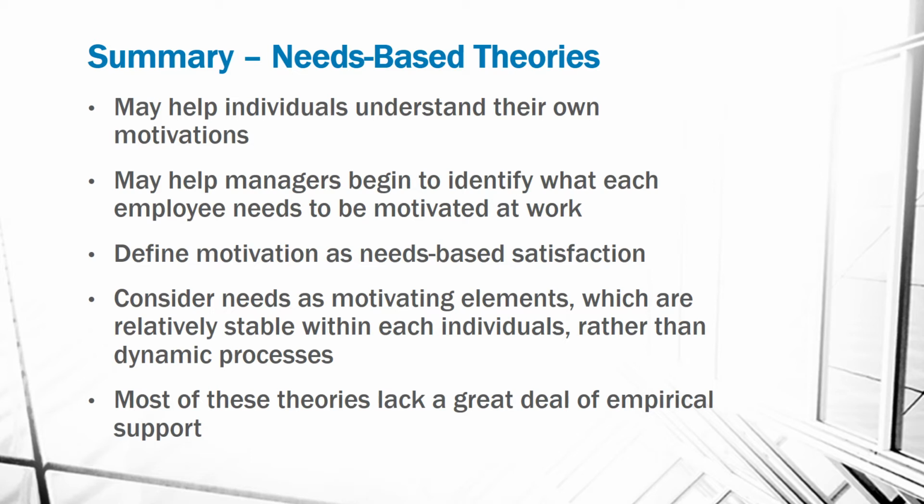Hopefully, understanding these needs-based theories also helps managers who can begin to identify what each employee needs, and by knowing what each employee needs, they can help motivate them at work. All of these needs-based theories tend to define motivation as needs-based satisfaction. In other words, we need to satisfy these needs in order to be motivated.